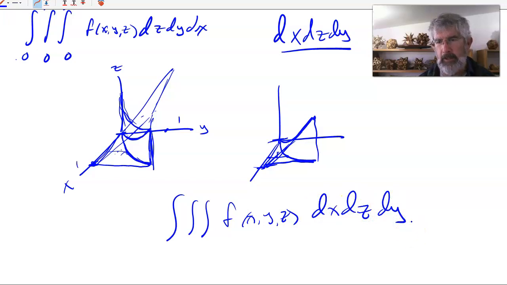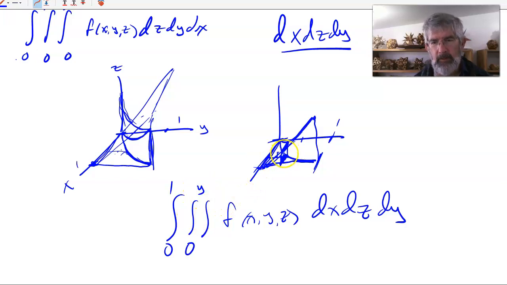I'm going to start on the outside. Y needs to be, the lowest value of y is 0. The highest value of y right here is 1. For each value of y, the z's, sorry. For each value of y here, there's a slice that looks like this, and the z's go from the bottom of 0 to the top, which is that plane, so that's just z equals y.